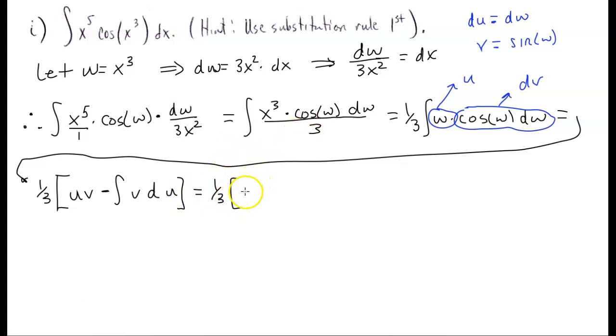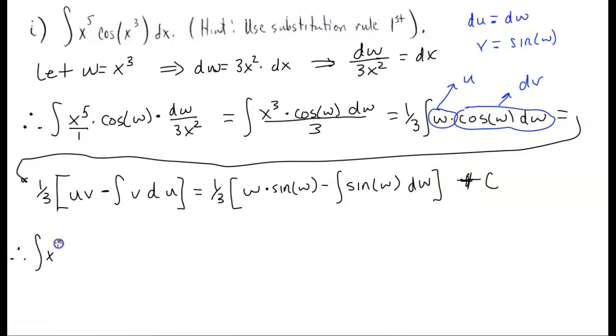And our u is w, our v is sine of w, minus the integral, our v again is sine of w, and our du is going to be dw. Let's try to make that look a little better. Okay, and of course, since we're doing an indefinite integral here, all of this is going to be with a plus C at the end. Okay.